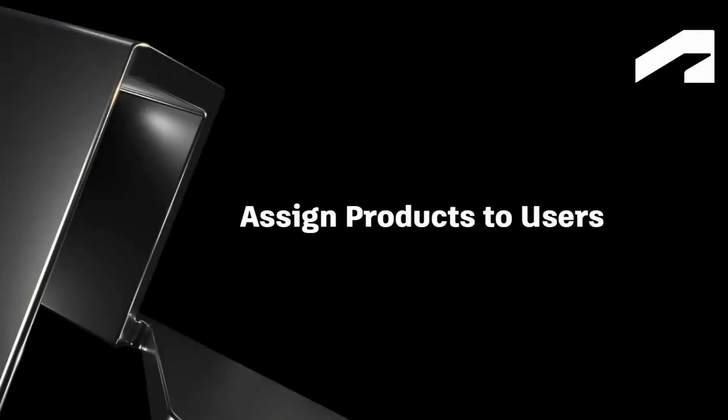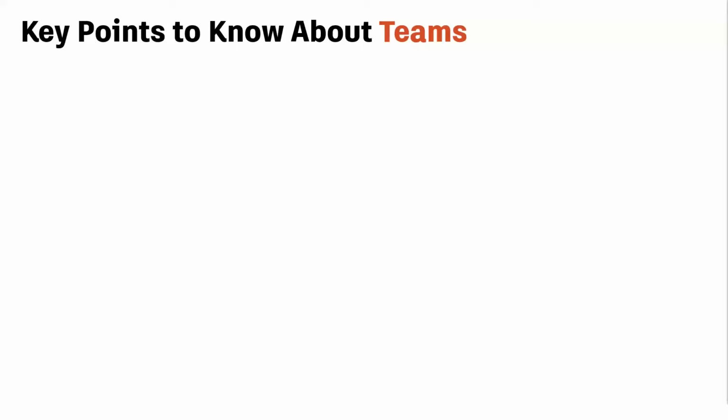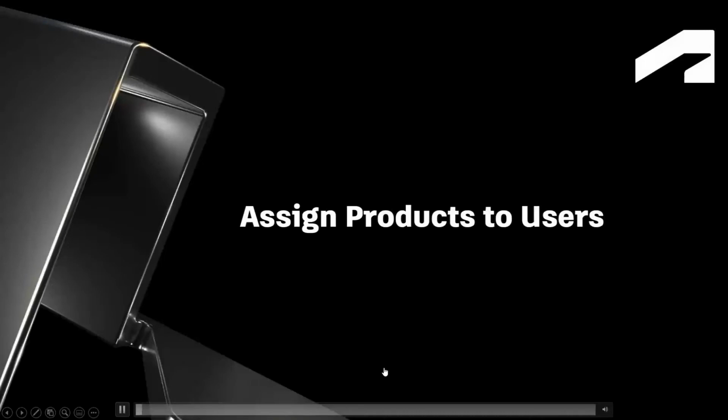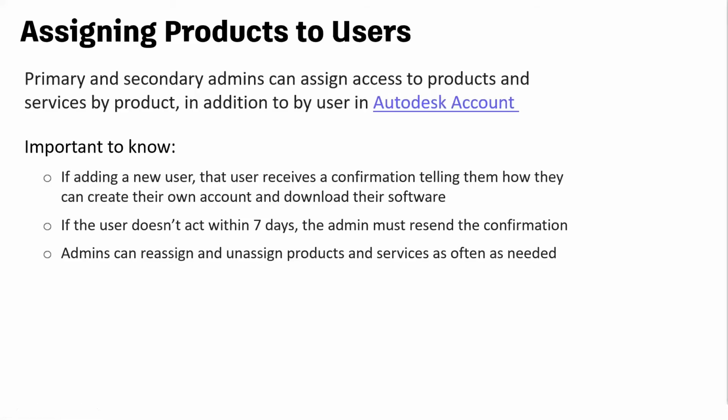All right, so once you've added users, you'll want to assign them products. You can both add and assign products at the same time, which works great when you're working with individual users. If you have only one product, let's say 20 subscriptions to AutoCAD, and you know that all 20 users will need access to AutoCAD, then adding and assigning in one action can consolidate your efforts.